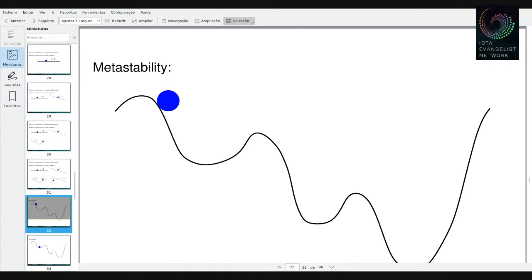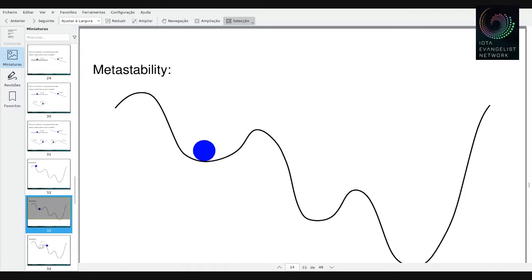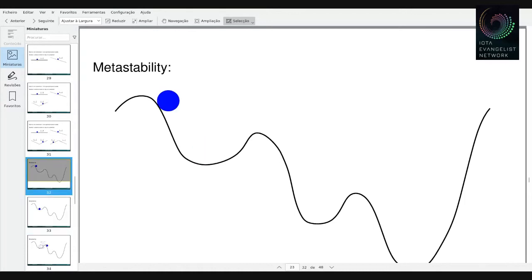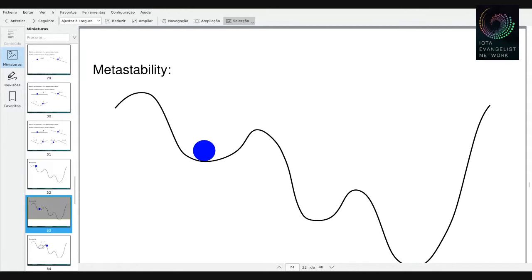First he's here, and he will tend to go down like this. So he was here, then he will come here to the bottom, and then he will start fluctuating around. We'll go a bit here, but then come back. We'll go a bit here, but then come back, and we'll repeat this for a lot of time.